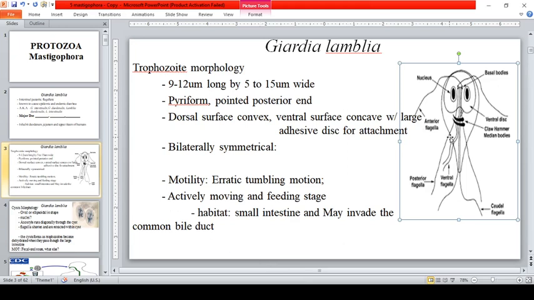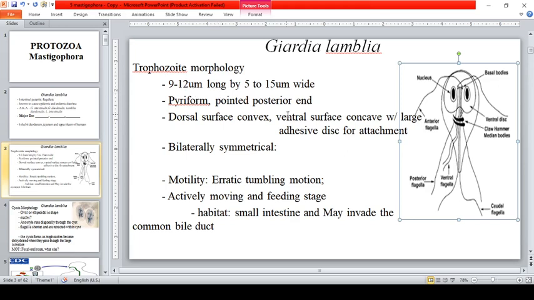It exists in two stages, guys. Just like the amoebas, it can exist as a trophozoite and as a cyst. We define the morphology of the trophozoite: it is 9 to 12 micrometers long by 5 to 15 micrometers wide.